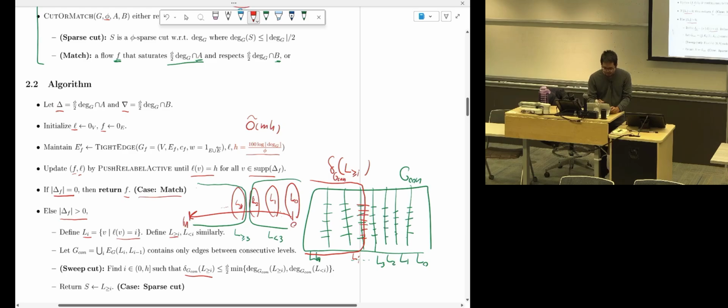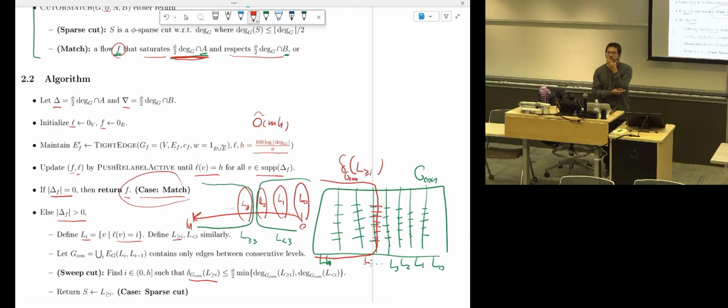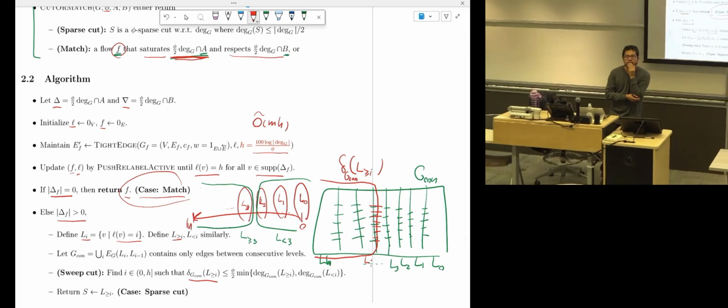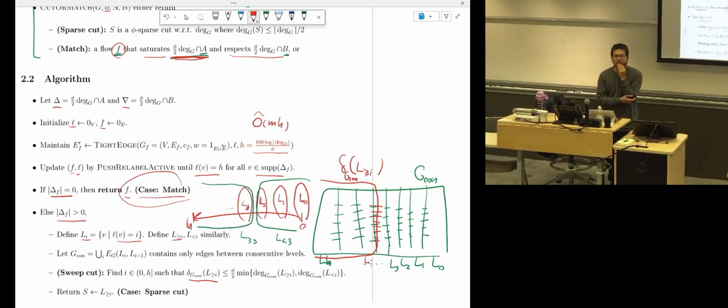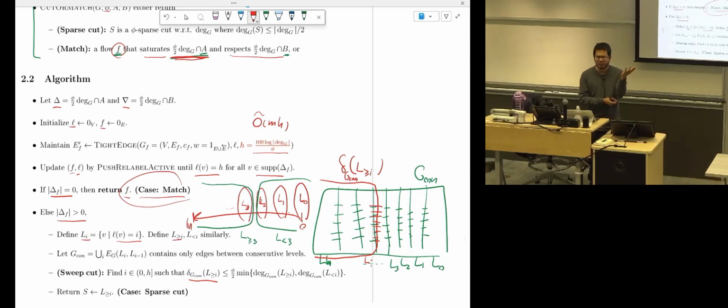So we claim that F must have sent all the source, like it saturates the source and respects the sink. Why do you think this should be correct? Yeah. It's kind of just by definition because there's no more excess, so it saturates it. Exactly. It's kind of by definition.